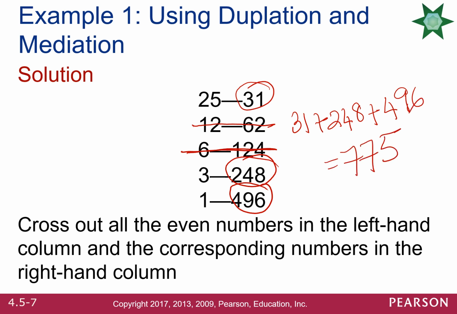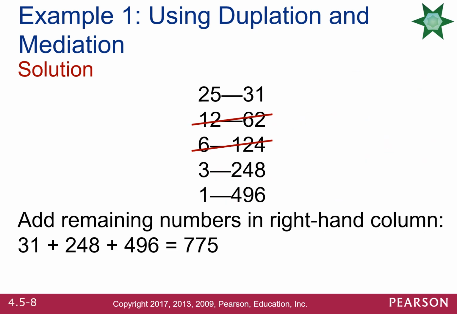All right, so that is the process, but they're going to show this last part in the next slide. So let's look at that. You see here how they have crossed out the even numbers from the left-hand side along with their corresponding right-hand value. So 1262 goes away, 6124 goes away.